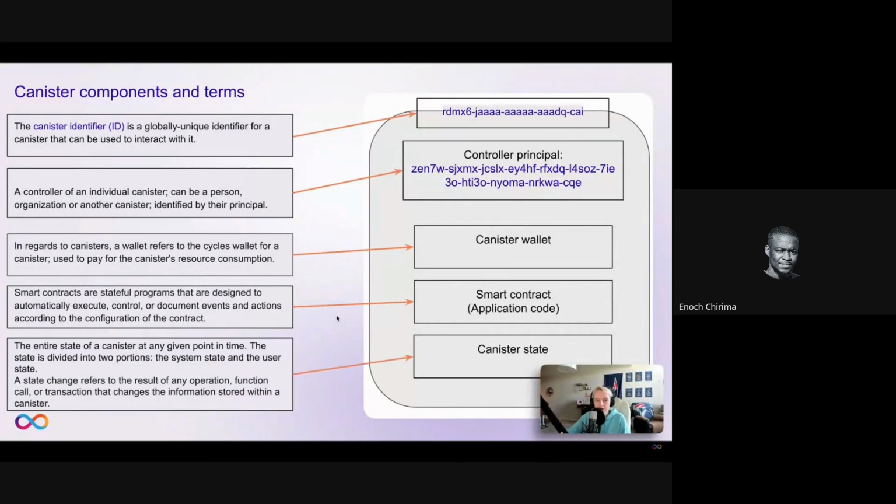Last, we have the canister state. The entire state of a canister at any given point is considered the canister state. It's divided into two portions, the system state and the user state. When the canister state is changed, this refers to the result of any operation, function, call, or transaction that changes the information that's stored within a canister.